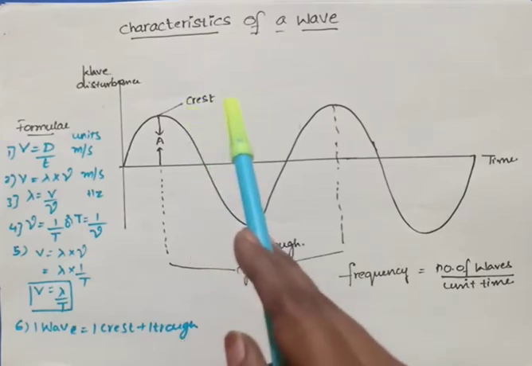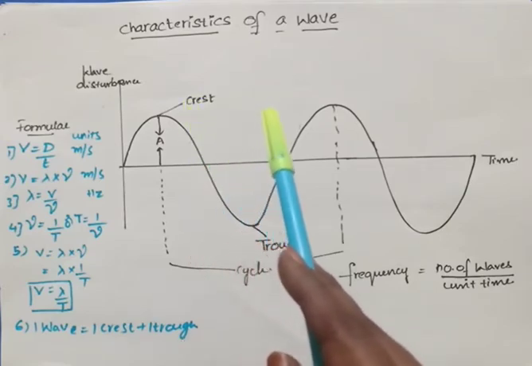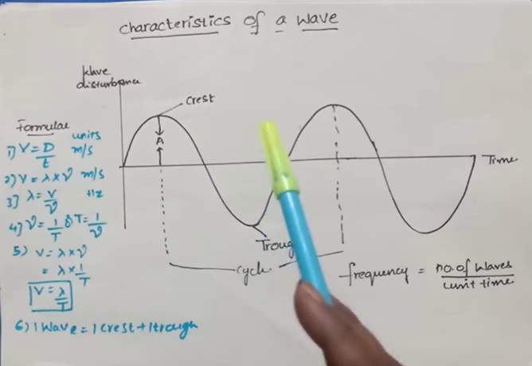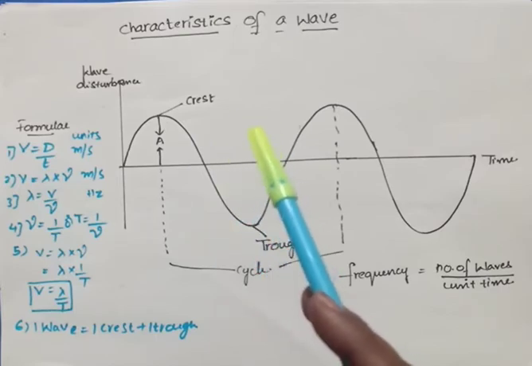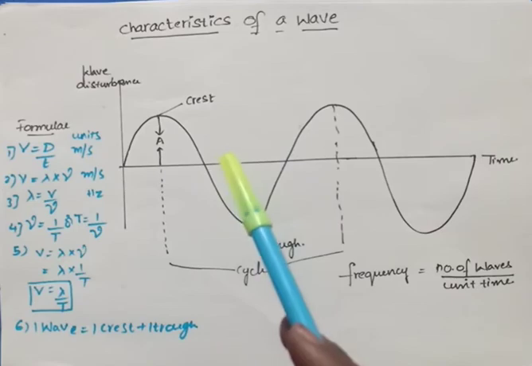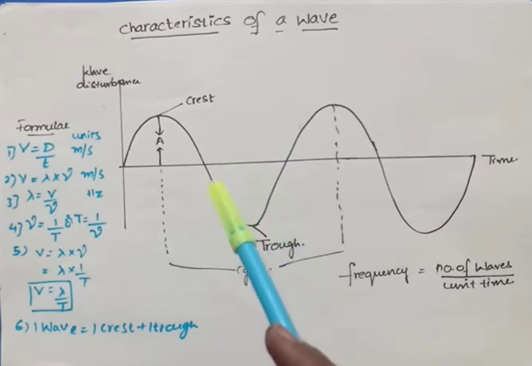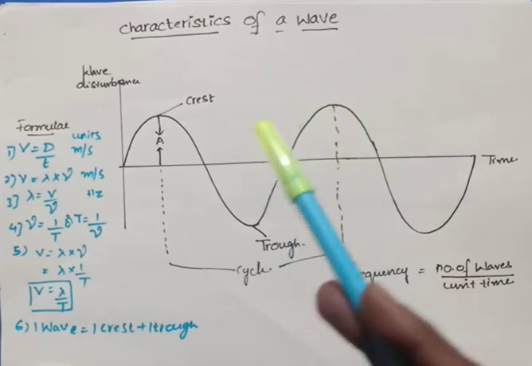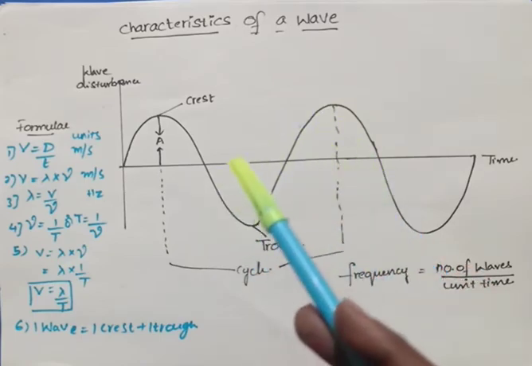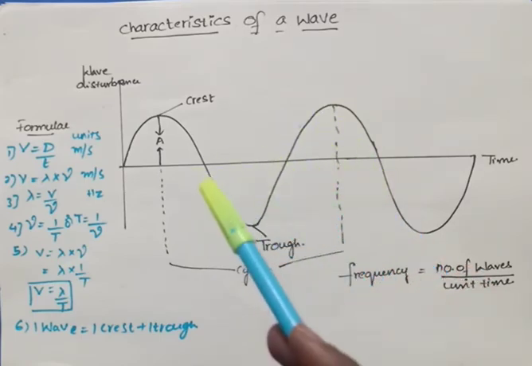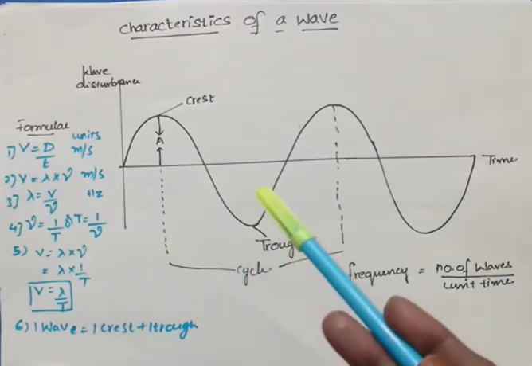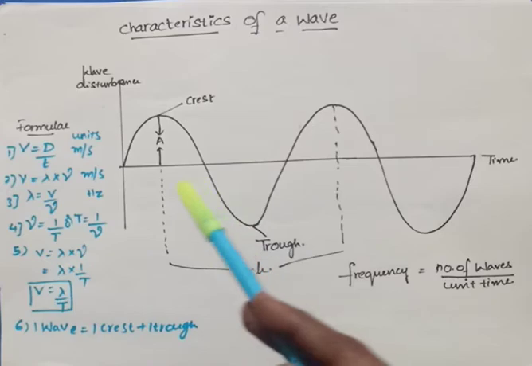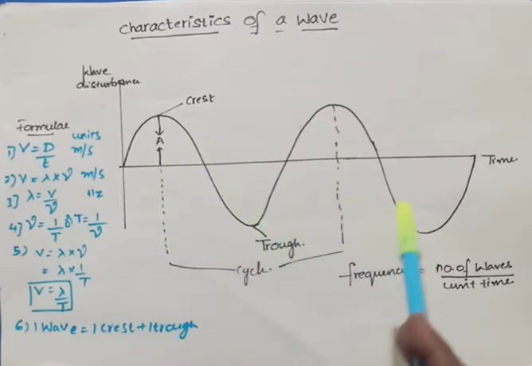As we speak, there is a disturbance created in the particles of air, due to which the particles come near to each other, called compressions, and if the particles are far away from each other, we call it rarefactions. The visual representation of this disturbance or vibration is this form of wave graph.